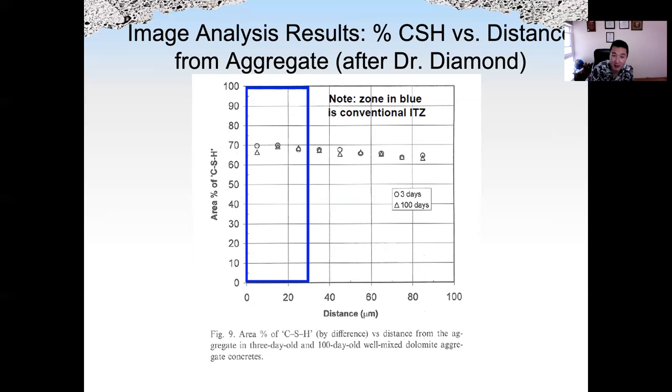What we can see here is that at 3 days, the areas of CSH are not too different from the remaining areas. At 100 days, again, there is no significant difference. I think many factors may explain that, including the water-to-cement ratio. In some scanning electron microscope pictures we see higher porosity in the ITZ, and sometimes we cannot see that. So it is not always a clear-cut ITZ.